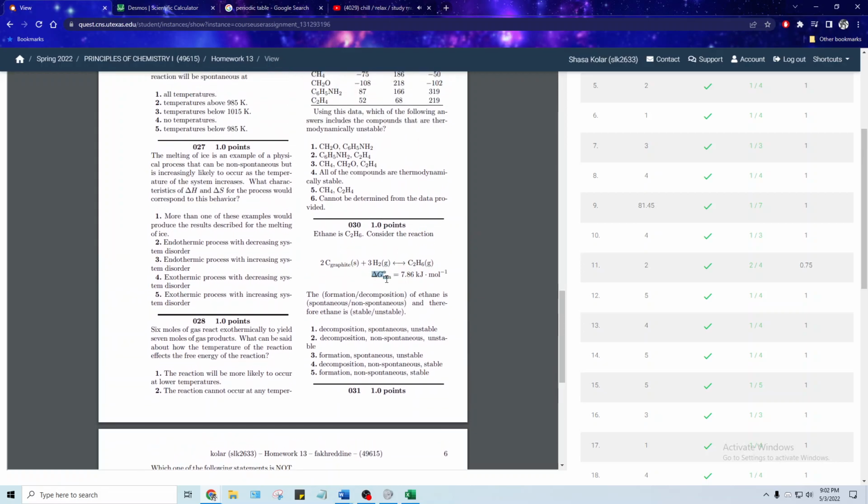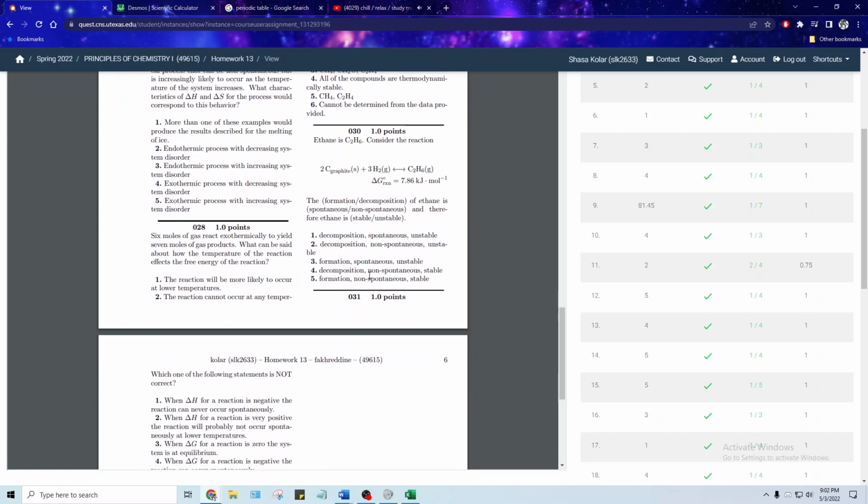And the reason for that is delta G being positive. If delta G is more than 0, that means that it's never spontaneous this way. But the opposite way, if we flipped it, it would be spontaneous. Therefore, the decomposition, so flipping this, is spontaneous. There you go.